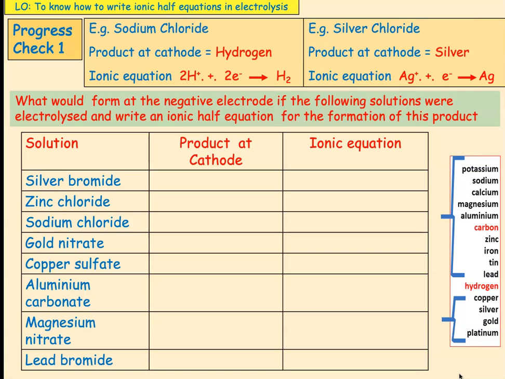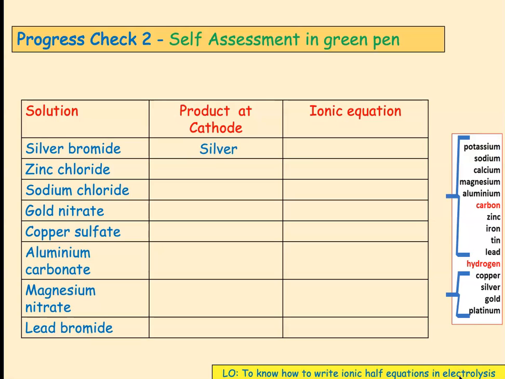So silver is below hydrogen, so we're going to make silver. The ionic equation for making silver is Ag+ plus 1 electron, because Ag has 1+ charge, and that gives us Ag.